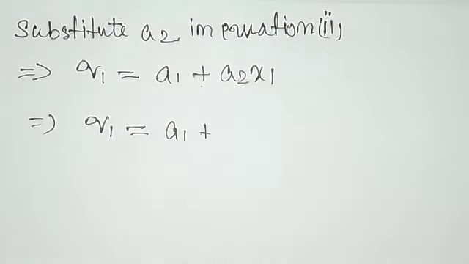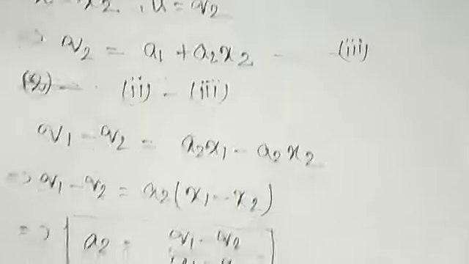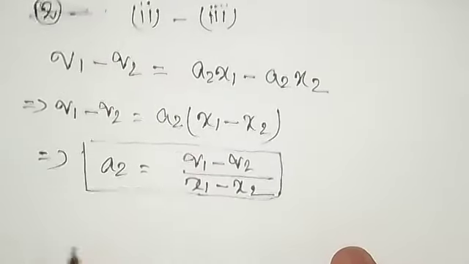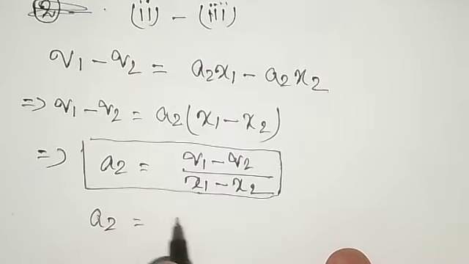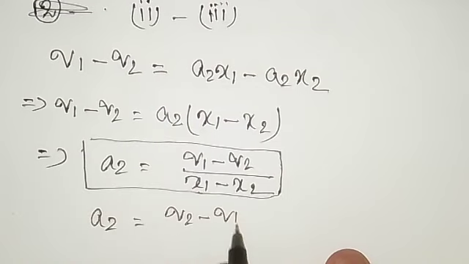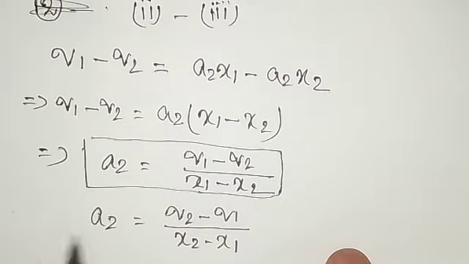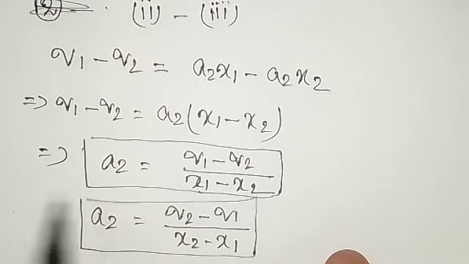Further, you can simplify this, that is, you can also write that a2 is equal to q2 minus q1 by x2 minus x1, is it or not? So this value we can write like this, okay?